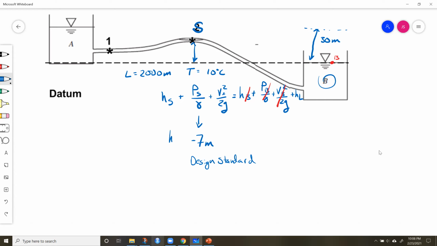So we'll have whatever that elevation is, that rise of the hill, which is what we want to calculate. We have our velocity head, and that's going to equal the head loss.